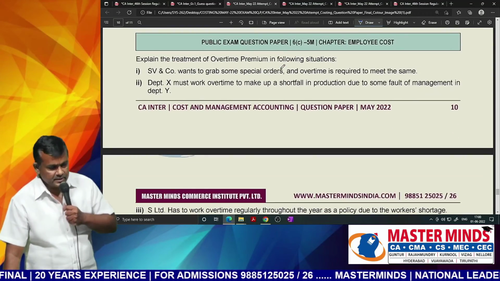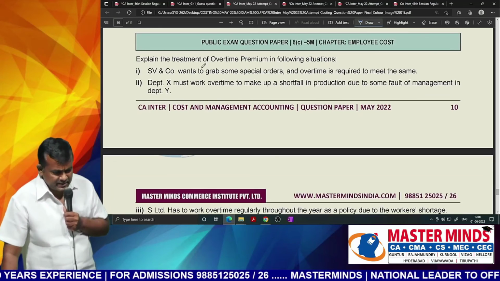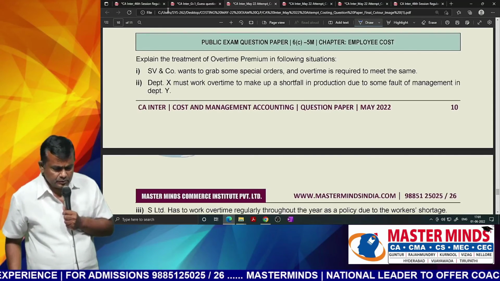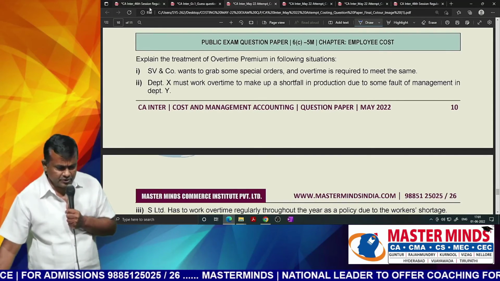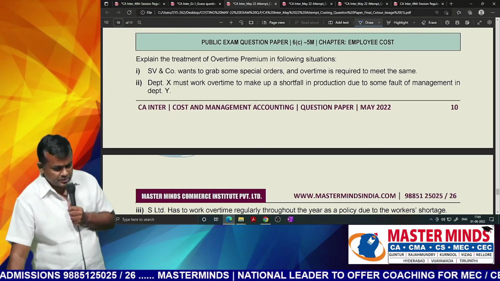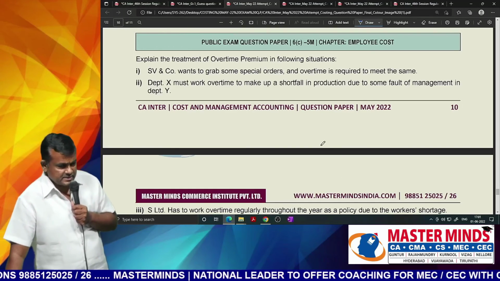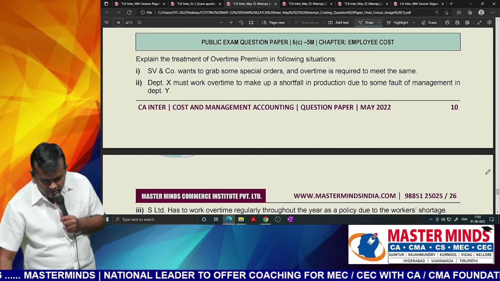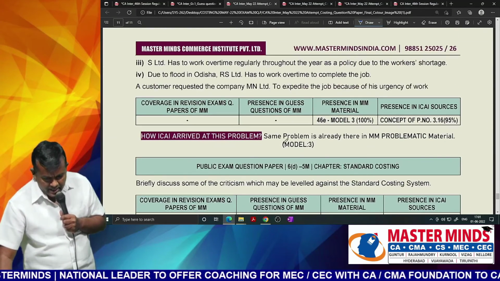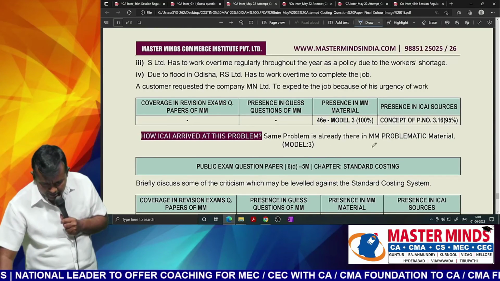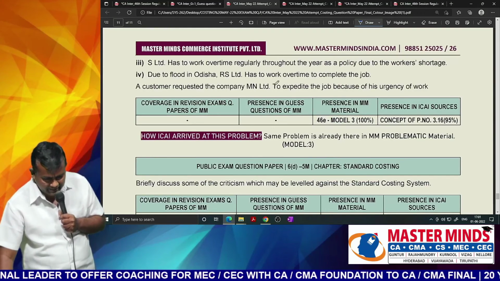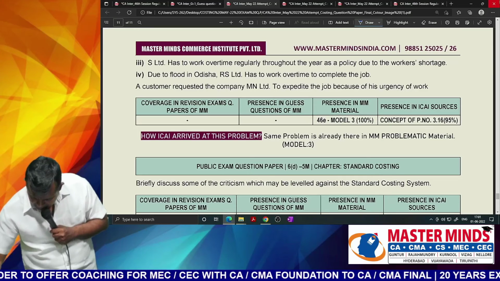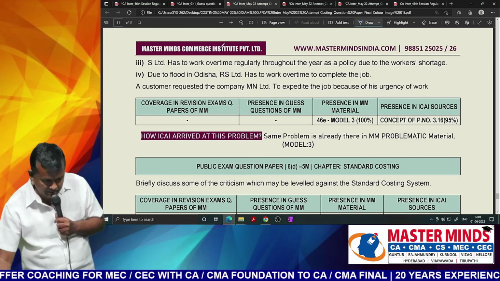6C, employee cost. Explain the treatment of overtime premium in the following situations. These situations were already discussed in the employee cost chapter. The same problem is already in MM problematic material, model 3, page number 131, regular material.